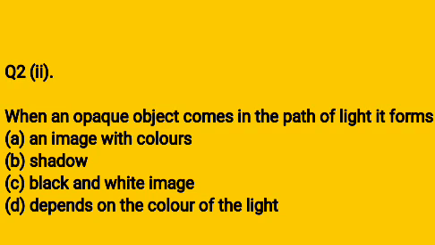Now the four options given are A, an image with colors, B, shadow, C, black and white image, D, depends on the color of the light.